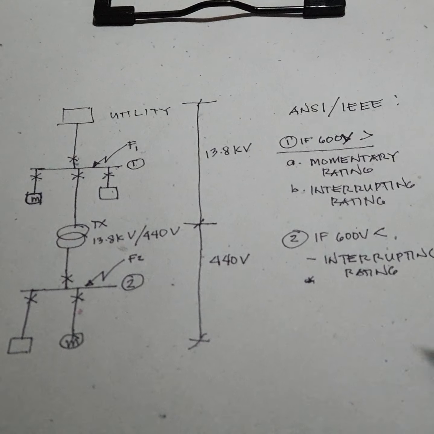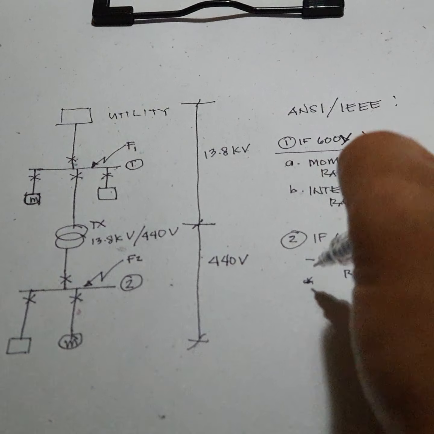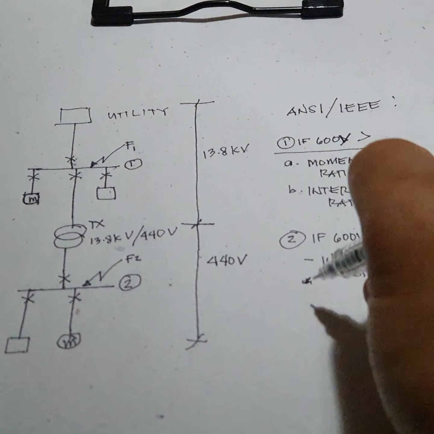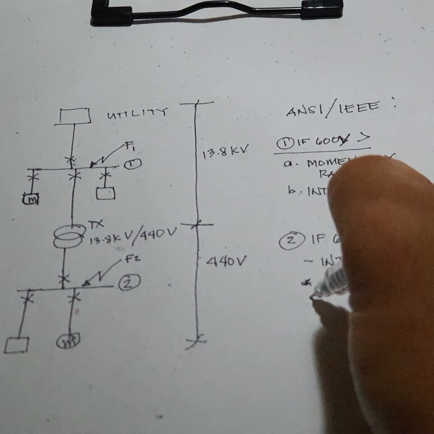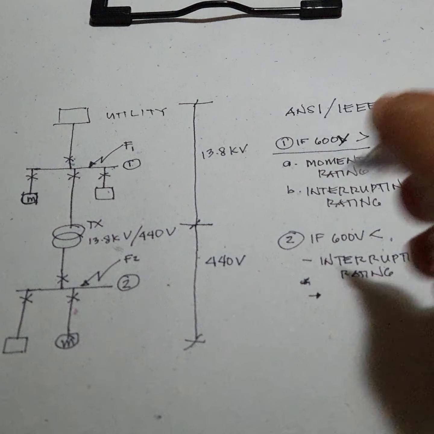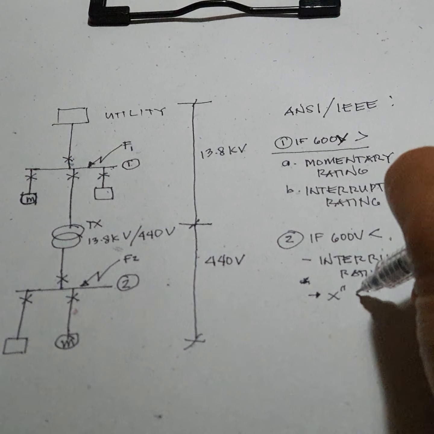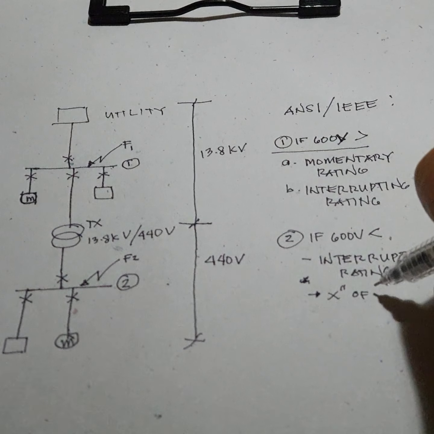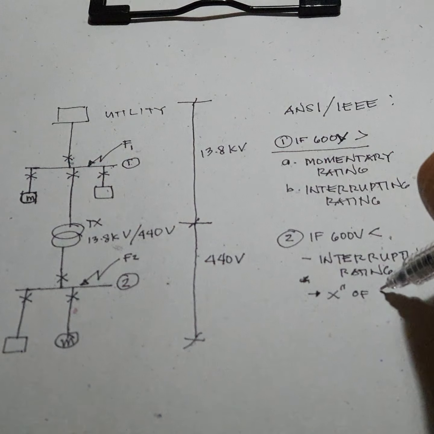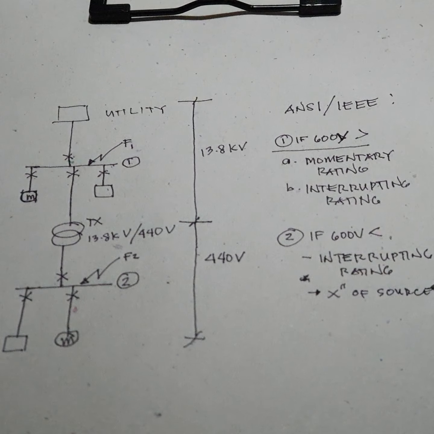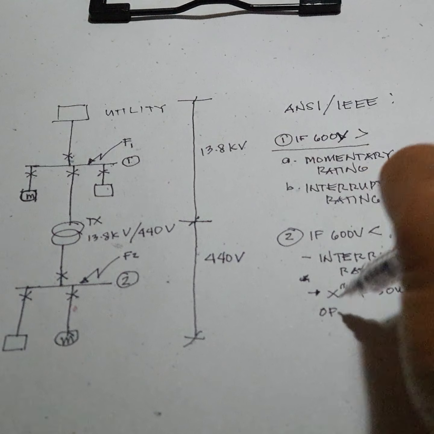Okay, so if you are preparing the impedance diagram when you are calculating the fault current, you have to consider the subtransient reactance of the sources of short circuit currents.